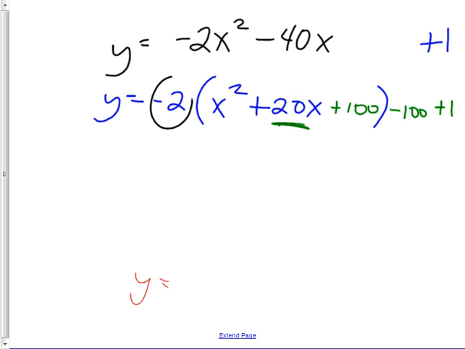This needs to go here, and then we can factor it. Okay. Hand it off to the next person. Tell me what to get. x plus 10 quantity squared. Awesome. And then hand it off to one last person, but it has to be a girl because it's been all guys so far.